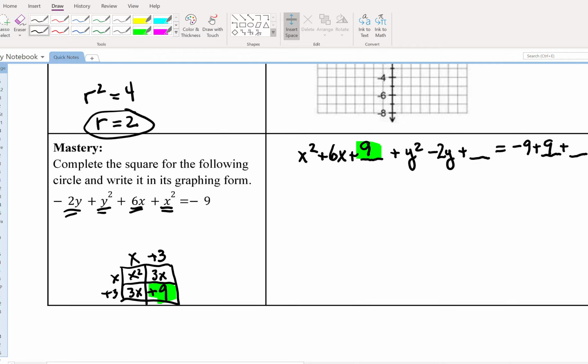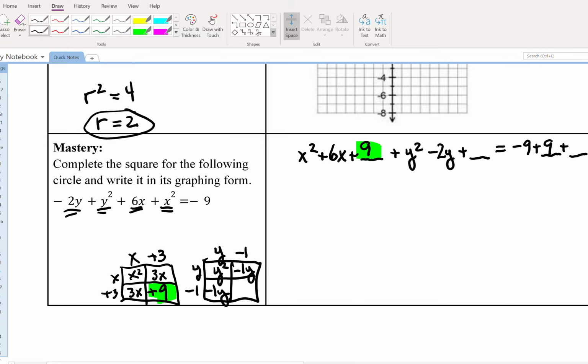And so then over here, along that same train of thought, with y squared, half of -2y would be -1y, or just minus y, -1y. And then this would be y times y would give me the y squared. Y times -1 would give me the -1y, and y over here times -1 would give me that other.